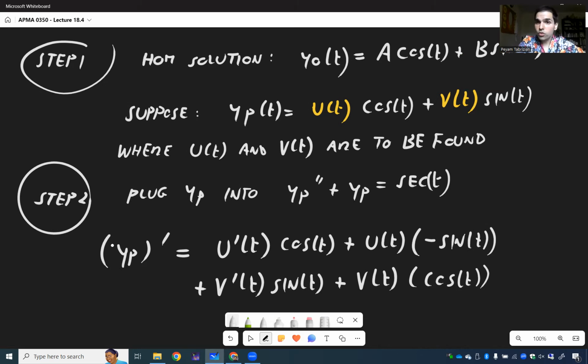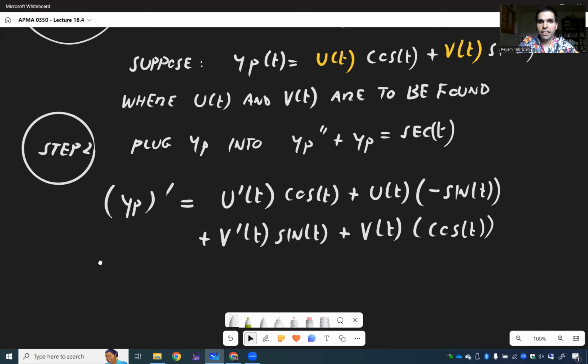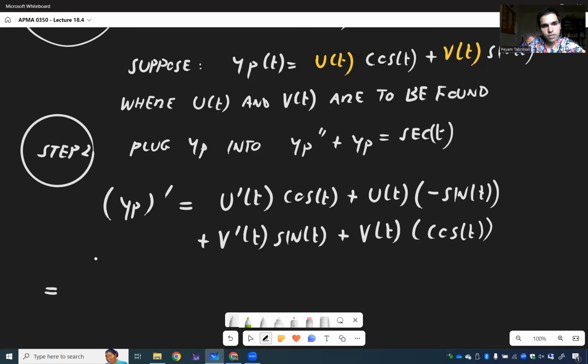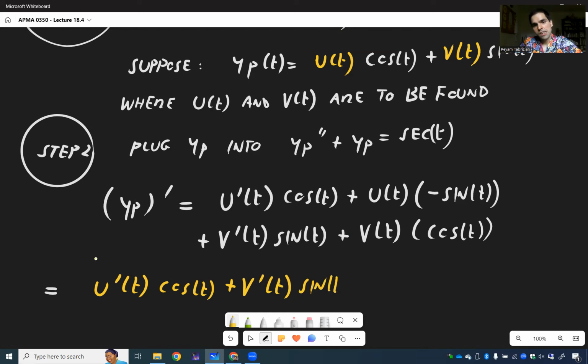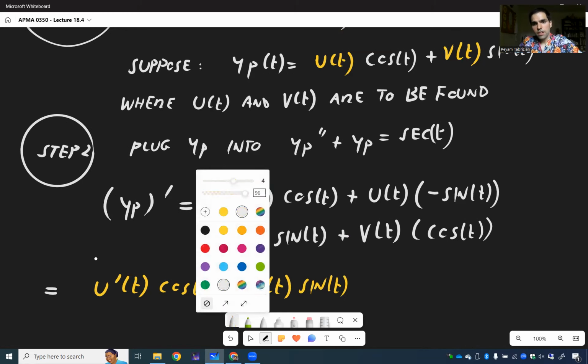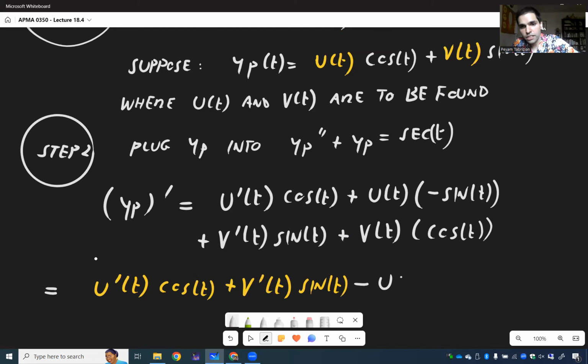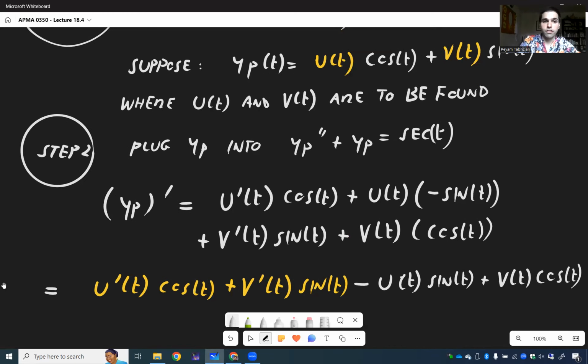In particular, let's group all the derivative terms together and then the non-derivative terms. So this becomes u'(t) cos t plus v'(t) sin t, and then plus minus u(t) sin t plus v(t) cos t. So that's the first derivative.